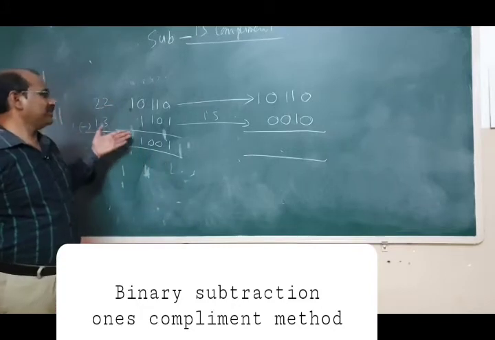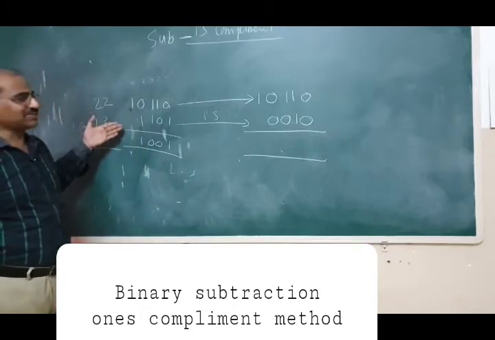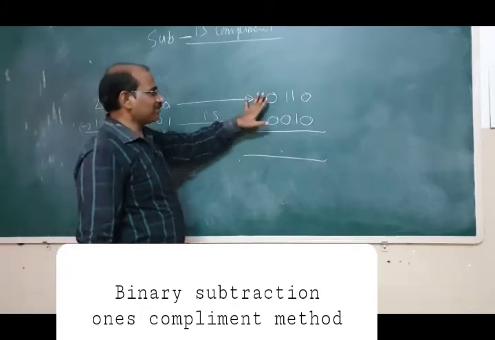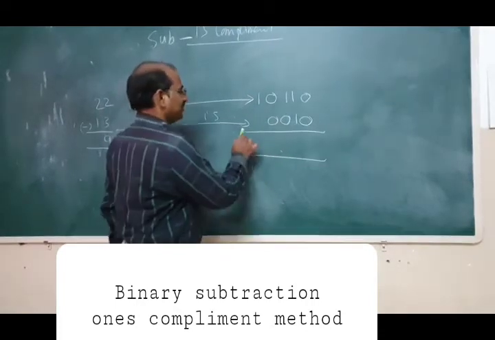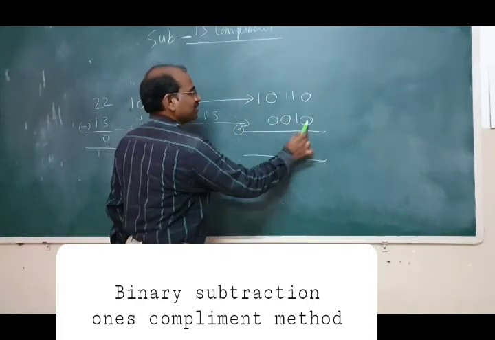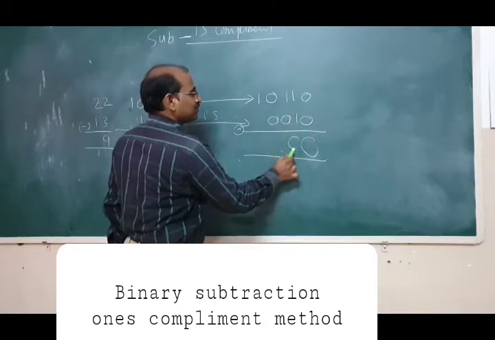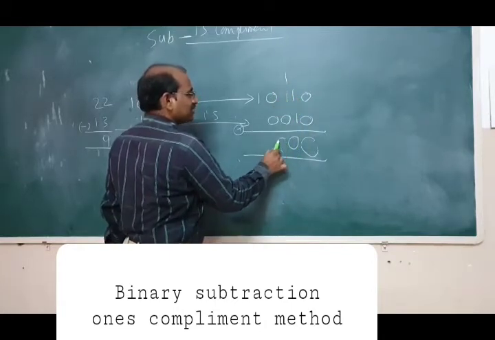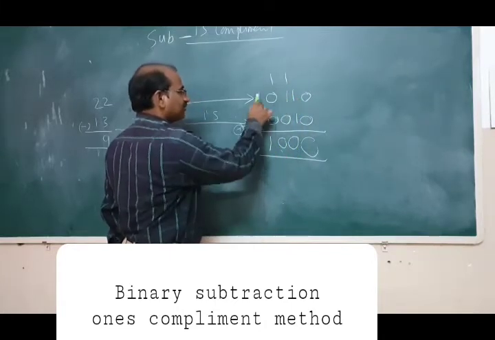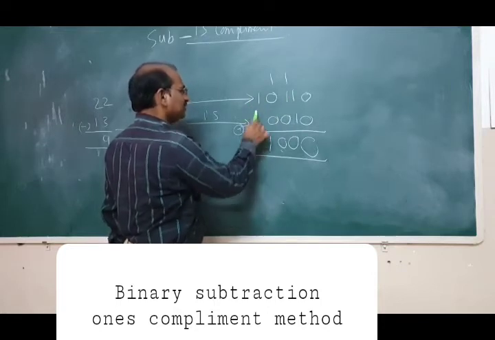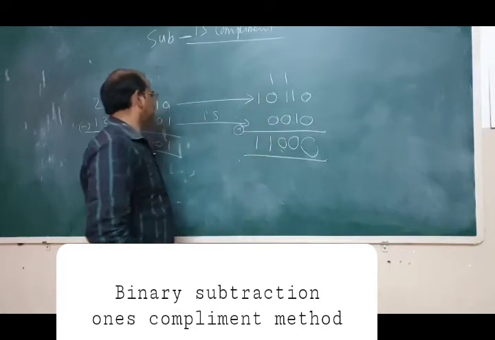That's why we are taking the help of ones complement. Now instead of subtracting, we are adding: 0 plus 0 is 0, 1 plus 1 is sum 0 carry 1, 1 plus 1 is sum 0 carry 1, 1, and again this is 1.